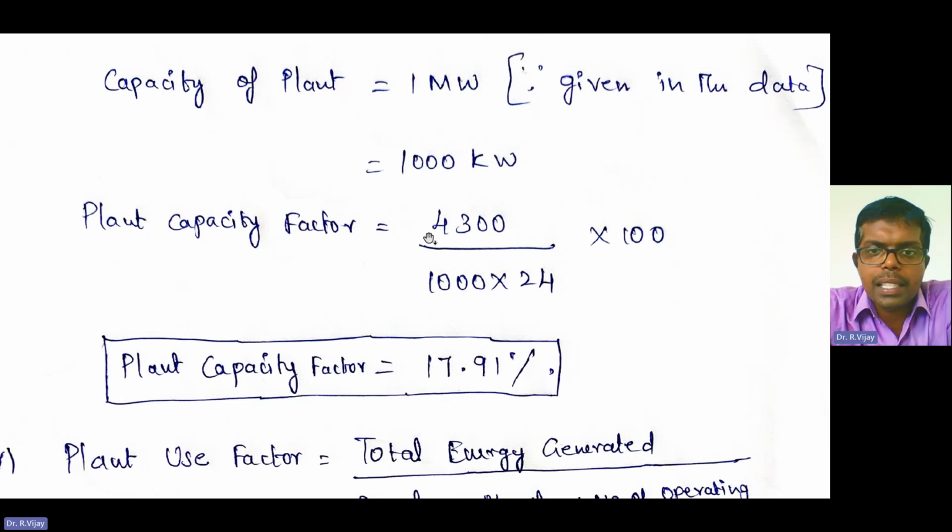So plant capacity factor is equal to the units generated divided by the capacity of the plant, 1000, into the number of operating hours, 24. Into 100, because it is in percentage, if you simplify, you'll get 17.91 percent.